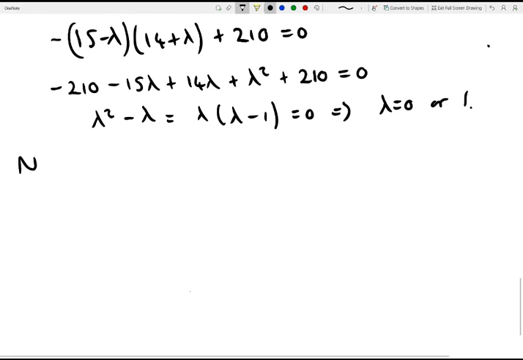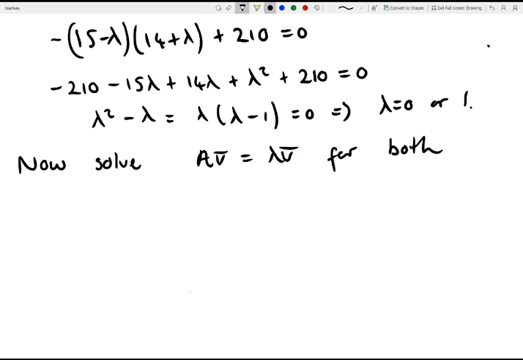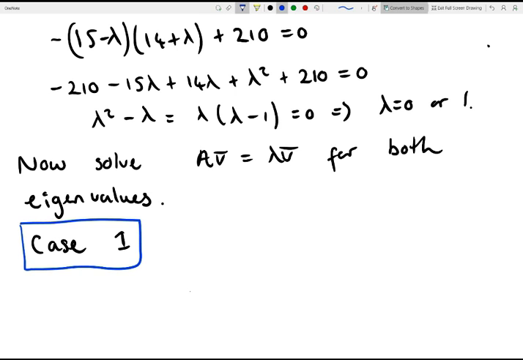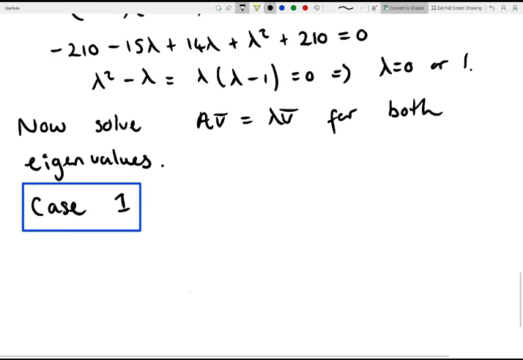And now we have to solve the eigenvector equation, AV equals lambda v, where lambda was our eigenvalue. And we need to do this for both eigenvalues. Okay, so then we'll have two eigenvectors. So case 1 is lambda equals 1.